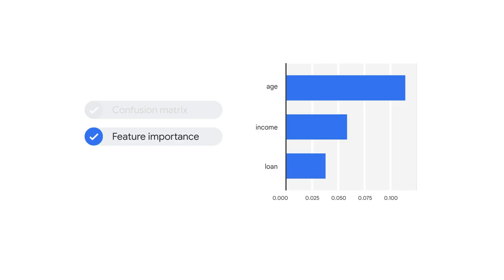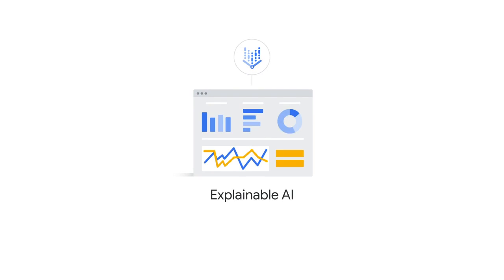This information helps decide which features are included in a machine learning model to predict the goal. You'll observe the feature importance chart in the lab as well. Feature importance is just one example of Vertex AI's comprehensive machine learning functionality called Explainable AI. Explainable AI is a set of tools and frameworks to help understand and interpret predictions made by machine learning models.